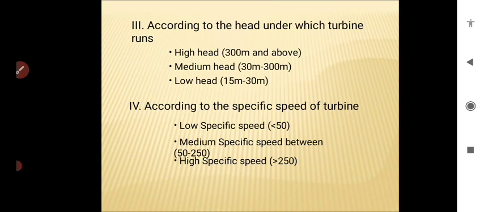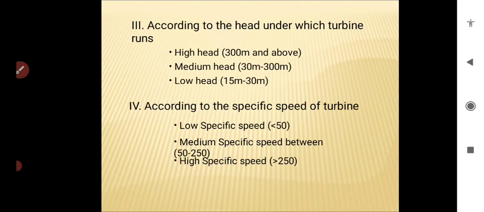An example of a low specific speed turbine is the Pelton wheel. And the second one is the medium specific speed. In this turbine, the specific speed is between 50 to 250. An example of this medium specific speed turbine is the Francis turbine.